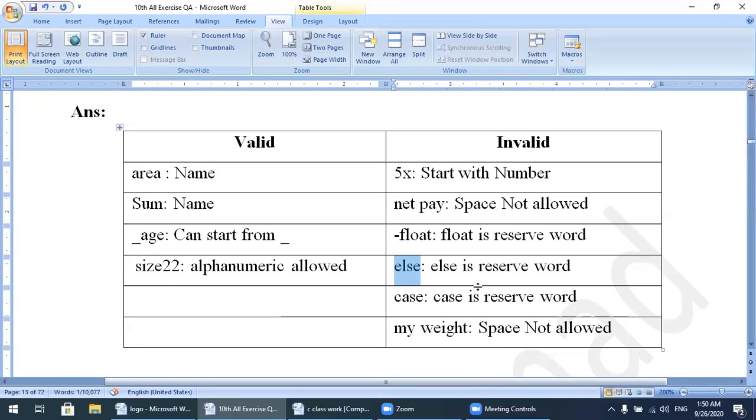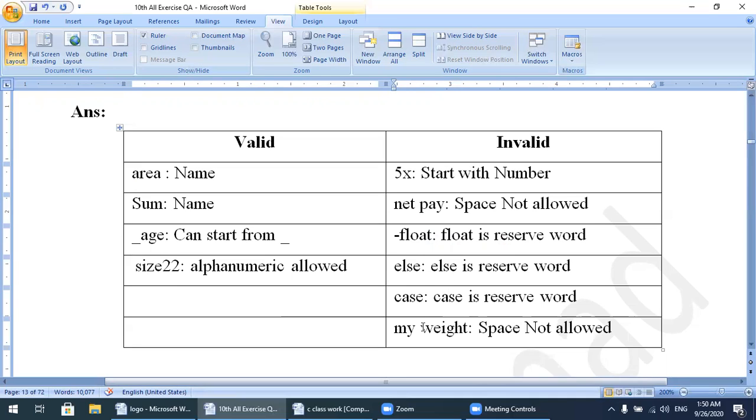We cannot use else as a variable name, although it starts with an alphabet, because else is a reserved word. Case is also a reserved word. We will use it in the switch statement. That way case is a reserved word and we cannot use a reserved word as a variable name.